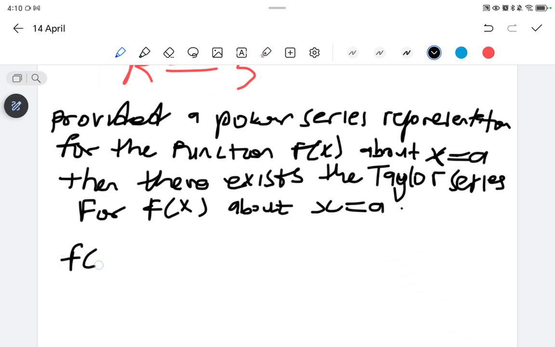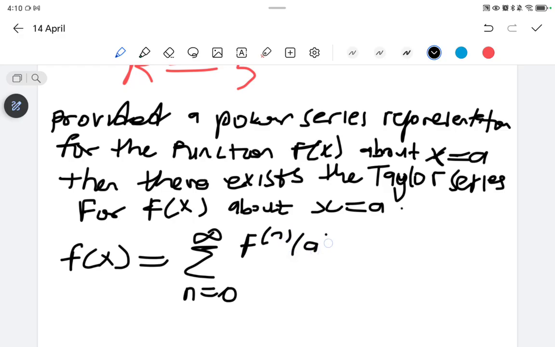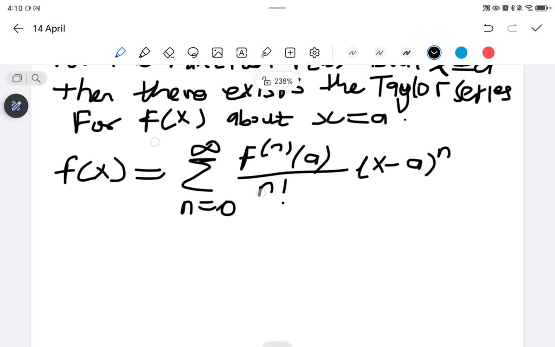If we have f of x, this definition says we're going to have f to the n of a all over n factorial times x minus a to the n. This is the series about a, and I said that last time.